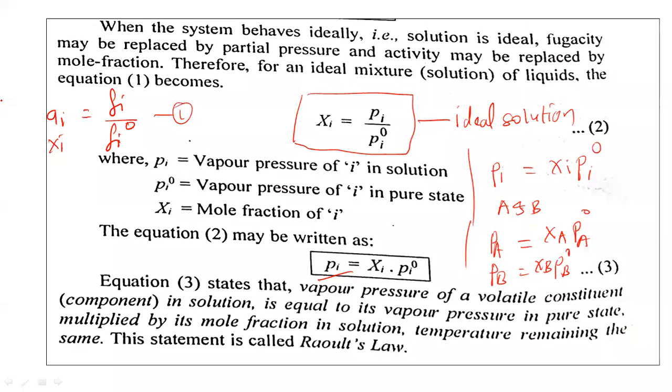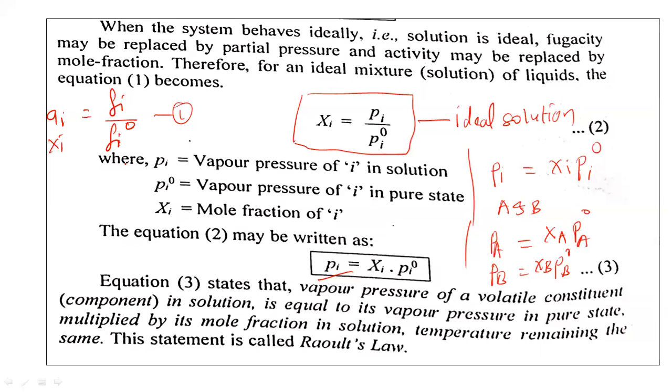Raoult's law states that the vapor pressure of the volatile constituent in a solution is equal to its vapor pressure in the pure state multiplied by its mole fraction in the solution. This relation was given by Raoult, hence it is called Raoult's law. Very, very important.